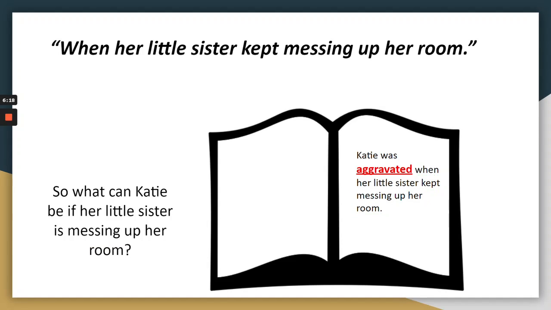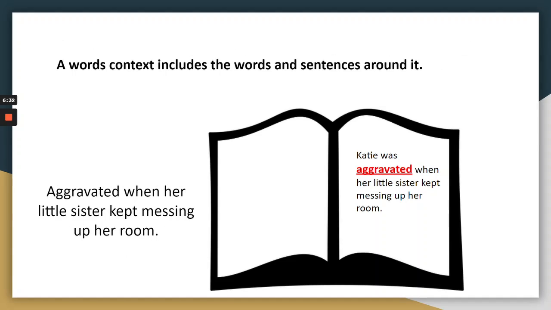So what can Katie be if her little sister is messing up her room? Stop and think. A word's context includes words and sentences around it. Aggravated when her little sister kept messing up her room.